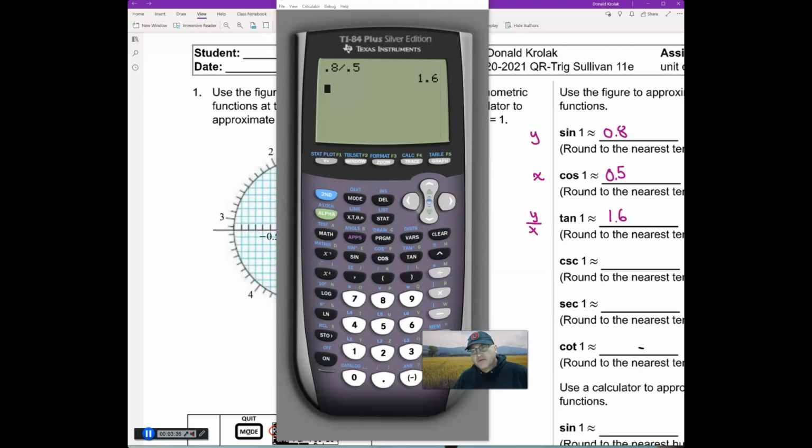Now, the remaining three are the reciprocal functions. The cosecant is the reciprocal of sine, so that's the same as 1 over whatever the y-coordinate is. So if it was a fraction, we'd flip it. 8/10 you could write as a fraction, so then you could flip it and get 10/8, or you could just do 1 divided by 0.8.